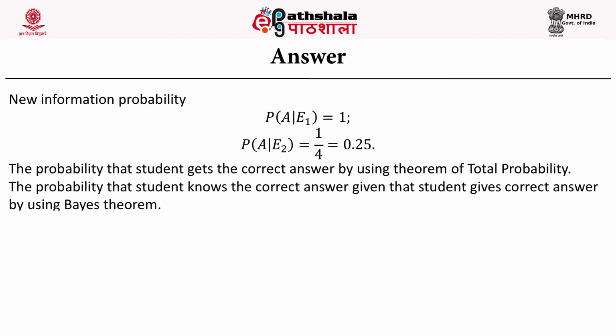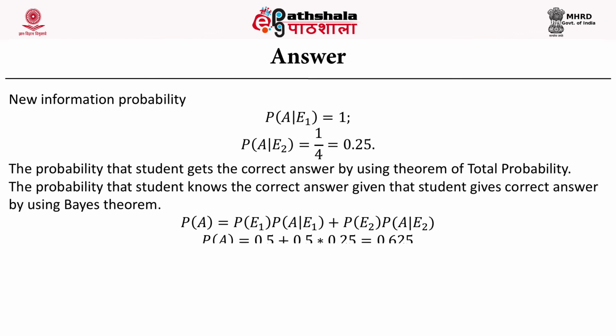The probability that the student gets the correct answer is found by using the theorem of total probability. The probability that the student knows the correct answer given that the student gives a correct answer is found by using Bayes theorem.